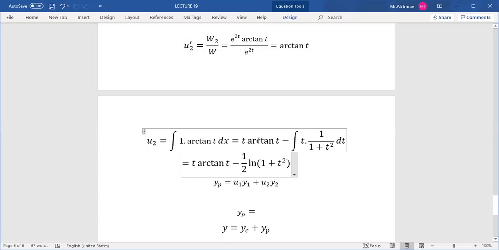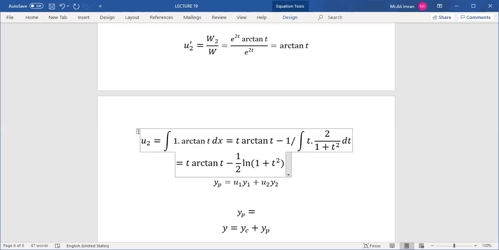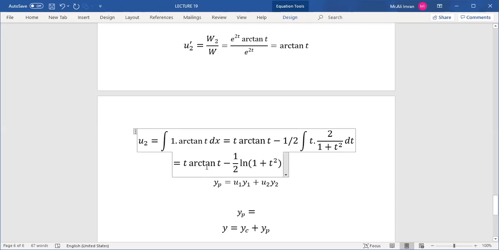The integral of 1 will be t arctan of t after using integration by parts, minus the integral of t times the derivative of arctan of t, which is 1 divided by 1 plus t squared. If we multiply by 2 and divide by 2, we write this integral as minus 1 by 2 natural log of 1 plus t squared.